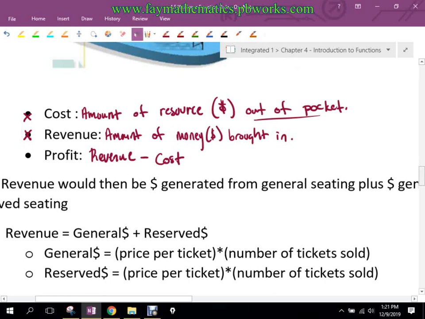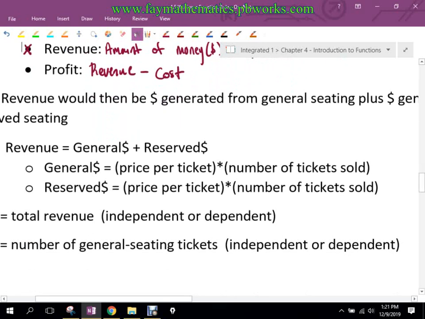Here what I've got going on, and this is important, I've just written it for the general seating revenue. But revenue by itself is determined by the price of something times how many of those things you've sold. So if we go back to that truck idea, if the price of my truck is $50,000 and I sell 5 of them, 50,000 times 5 gives me the 250 that I'm looking for. Does that make sense?